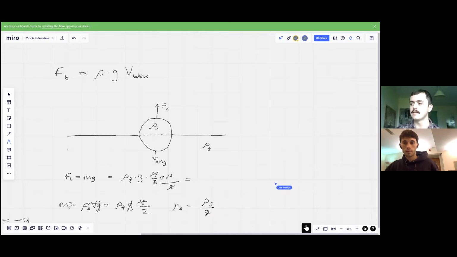So extending this problem, if we say that we displace this sphere, we might press it down slightly so that it's displaced by a small distance y, and then we release it, what would you expect to happen? I'd expect, so when you displace it a little bit, there'll be more water displaced.